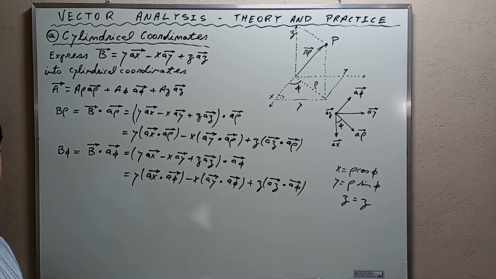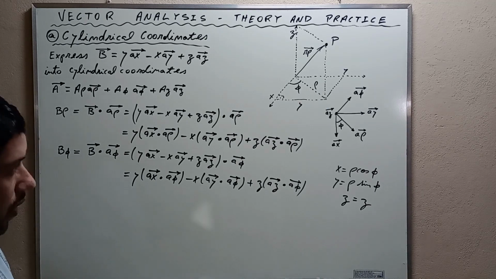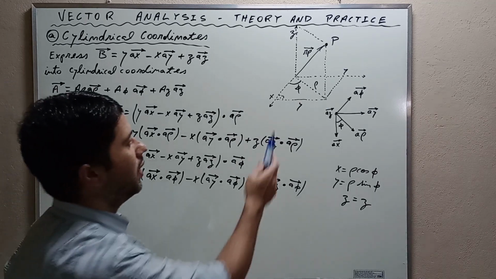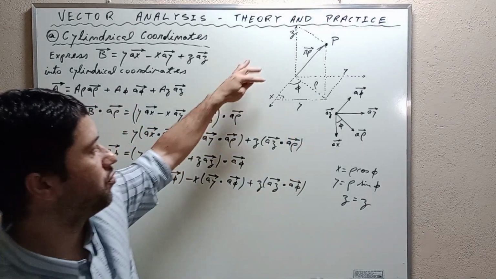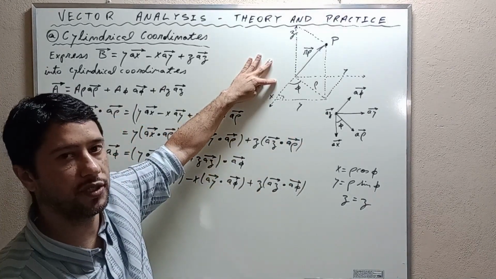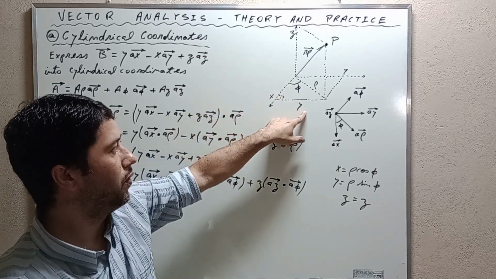But what if we have the cylindrical coordinate system and we want to convert to the Cartesian coordinate system? Observe that ρ is the hypotenuse of this right triangle whose sides are x and y.